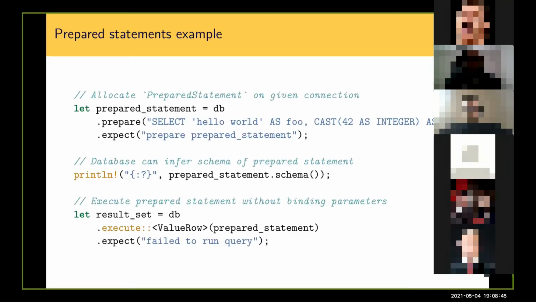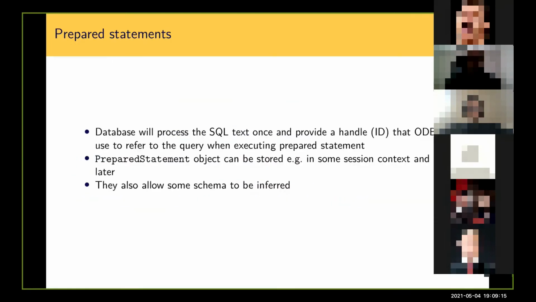So here's an example of how to use a prepared statement. As I mentioned, I needed that for inserts. Actually, here's an example of a select statement. The idea is that you can execute it, and then in the end, you can get a cursor back from the result set. It's not on the screen here. But here I actually use the value row as an example of how to get the data.